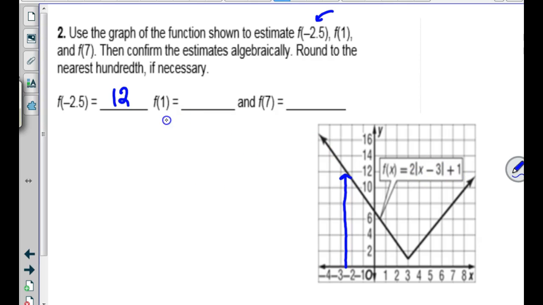Whew, it worked. Okay. Put in a 1, means when X is 1, Y appears to be about what? About 5. If I put it in, 1 minus 3 is negative 2. Absolute value would make it positive 2. Times 2 is 4, plus 1 is 5. Okay, what if I put a 7 in? Looks like it comes out 8.